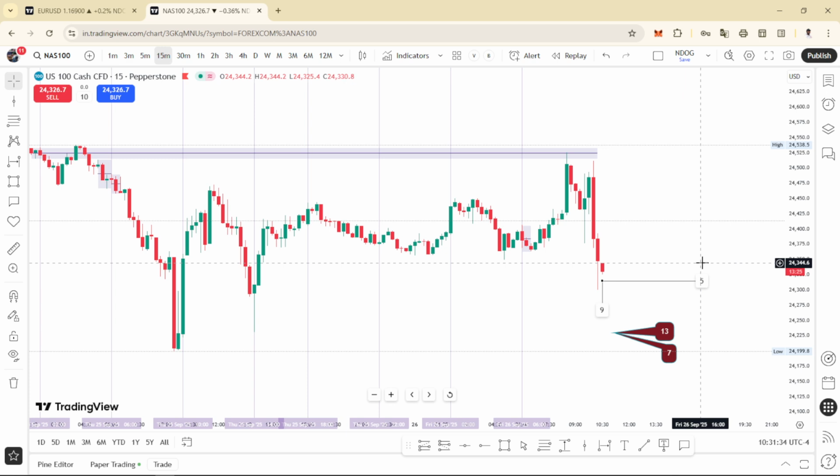I don't like that we have a wick before this current candle. Usually that would simply mean that they would want to fill that gap. It's a gap, so they would want to close it and push a candle body over it. They don't like to leave gaps like that. They immediately rebalance them.